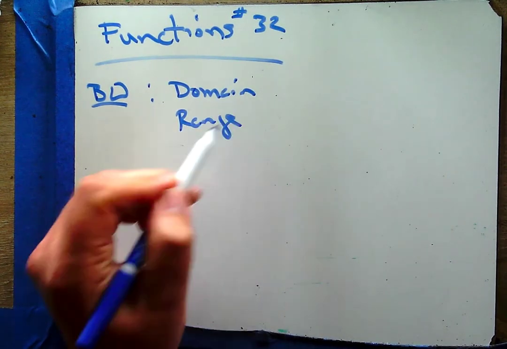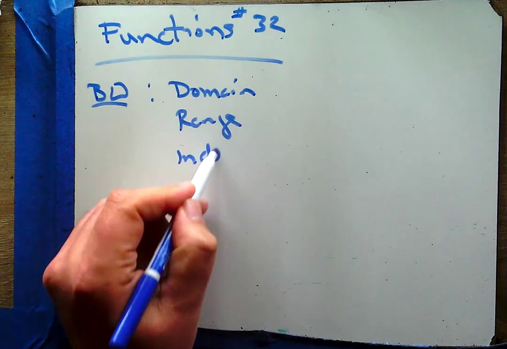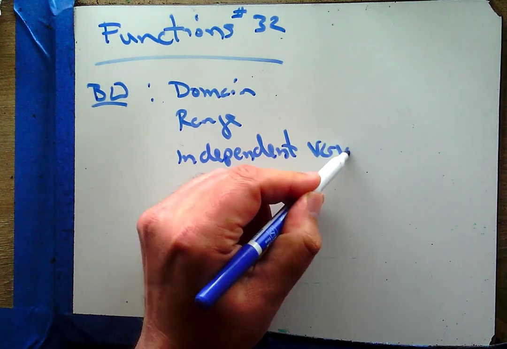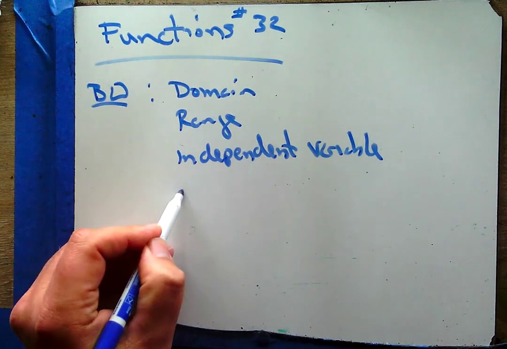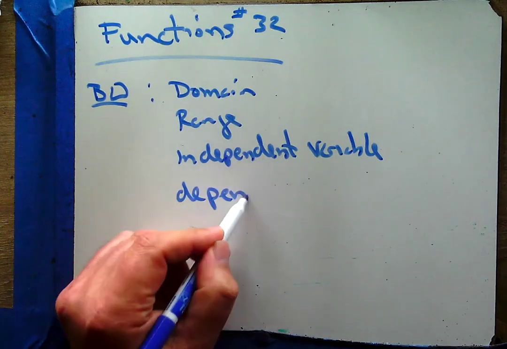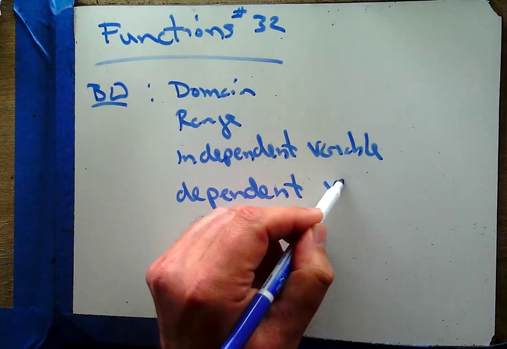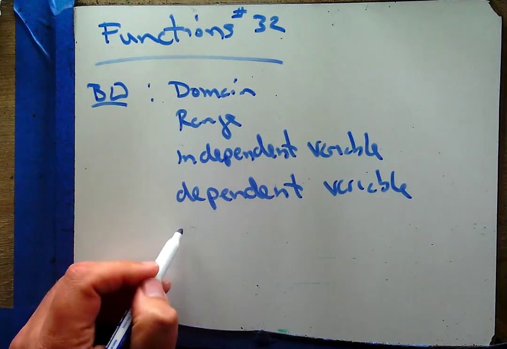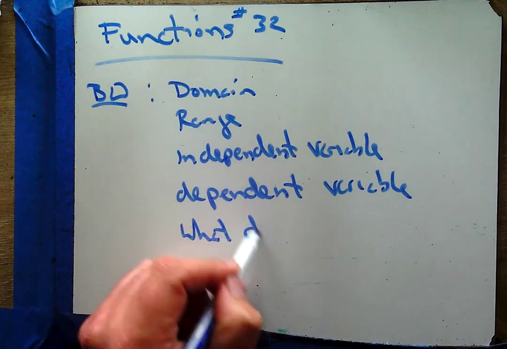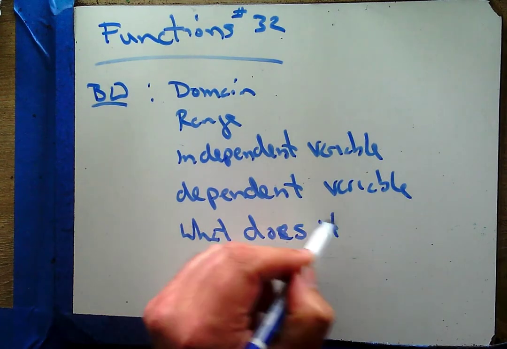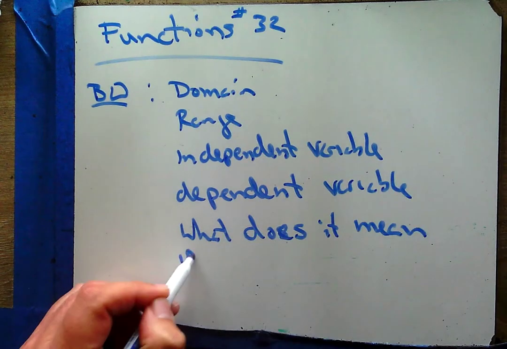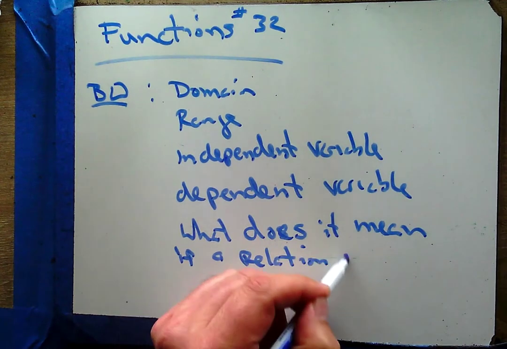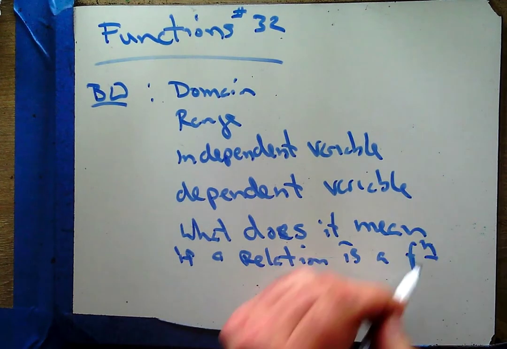Please define domain, range, independent variable, dependent variable, and what does it mean if a relation is a function?